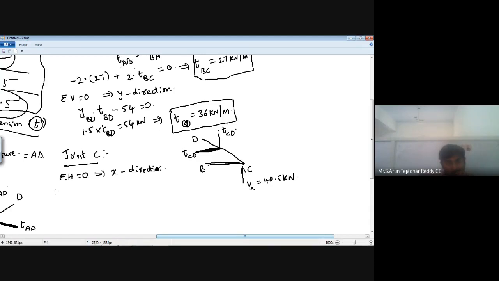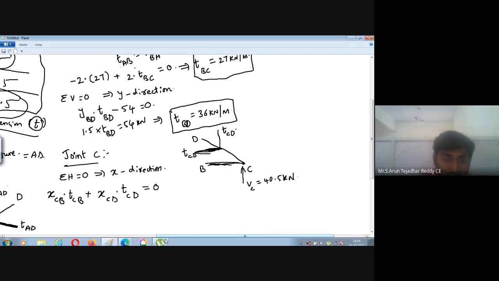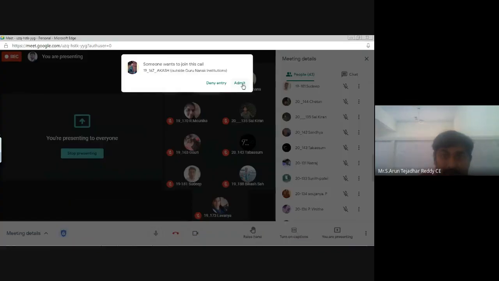It means both are in x direction. So XCB, it should be multiplied with the tension coefficient plus XCD, it should be multiplied with tension coefficient. Then it is 0.